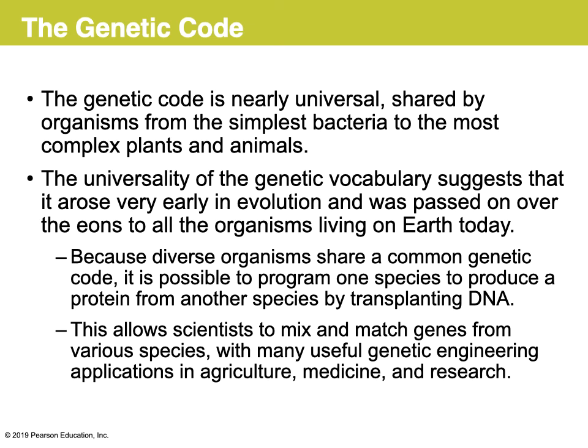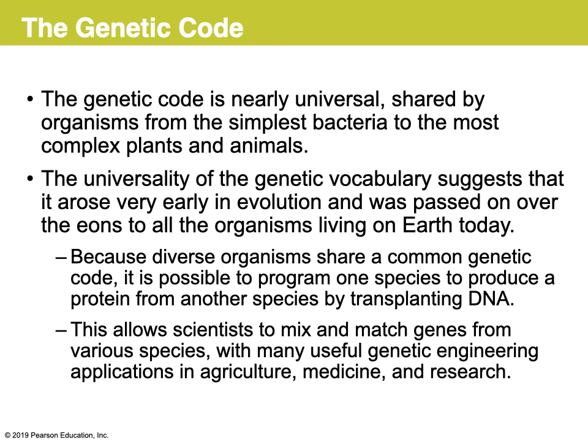The things that are shared by the most living things probably developed earliest in the evolution of life. So the fact that you have this genetic vocabulary shared by everything suggests that this developed very early in the evolution of life and has been passed on over all these millennia to all the organisms found on Earth today.